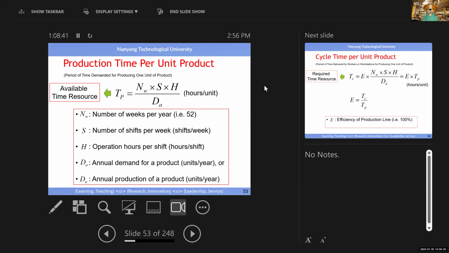And the operation hours per shift, standard value, according to international law, 8 hours per shift. Okay. Annual demand for a product: this is the data from the marketing and the sales department, right?